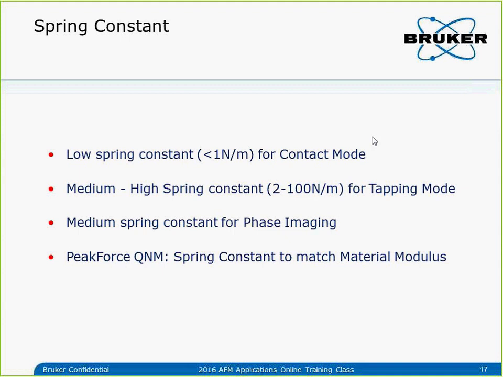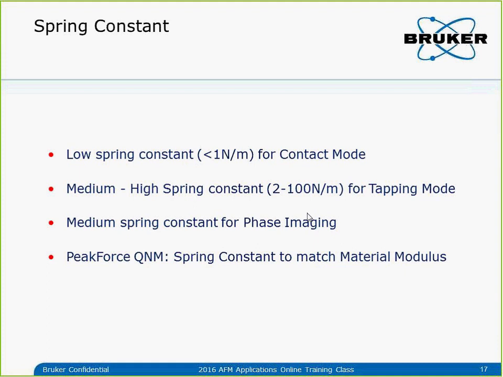For the tapping mode, we typically want a medium or higher spring constant because it prevents the tip from getting stuck on the surface when there is adhesion force. If it gets stuck, it will cause noise in the feedback, which is not good for imaging. So for the tapping mode the cantilever is relatively stiff, typically 2 to 100 newton per meter. For the contact mode, typically less than 1 newton per meter.